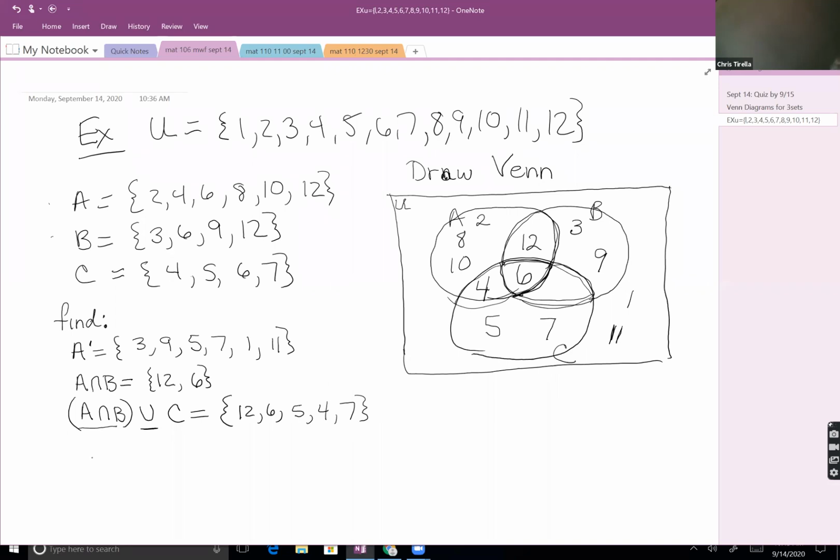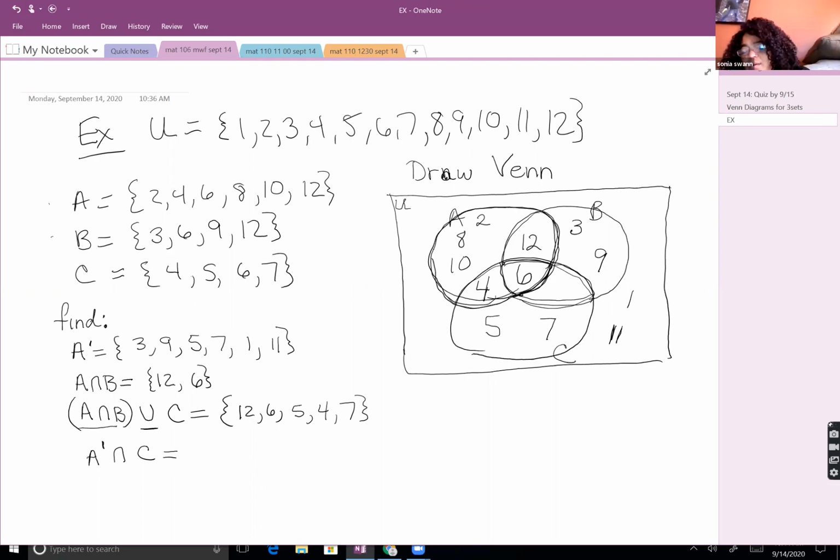What if I take A complement intersect C? What does outside of A have in common with C? Let's look at 4. Is 4 inside of A or outside of A?